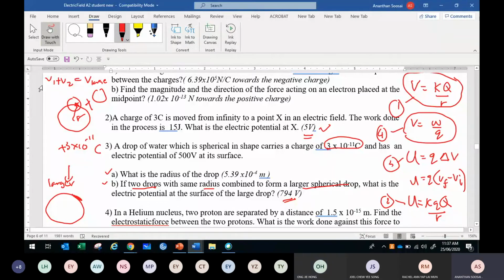What is the volume formula for a sphere? 4/3 pi r cubed, right? Use that for the larger one too. Find the r of the larger one, then substitute in here. You should get 794.